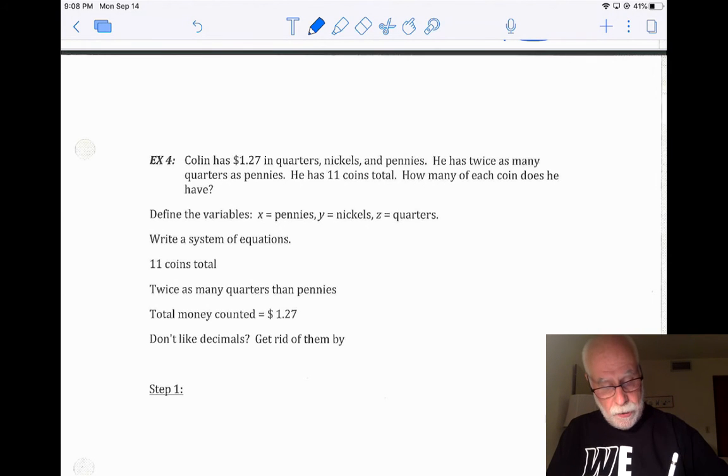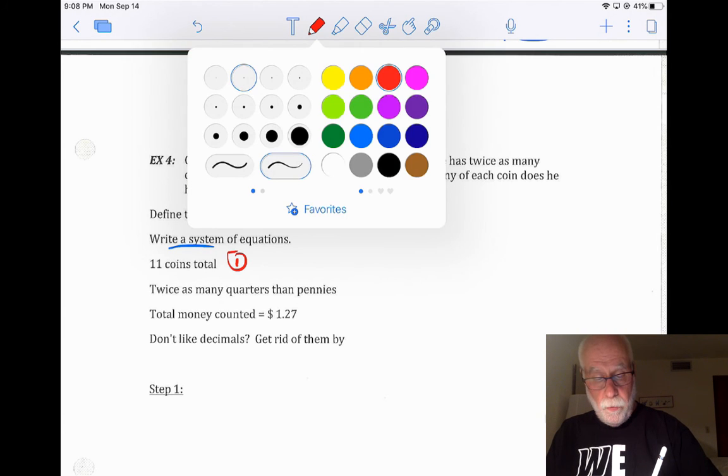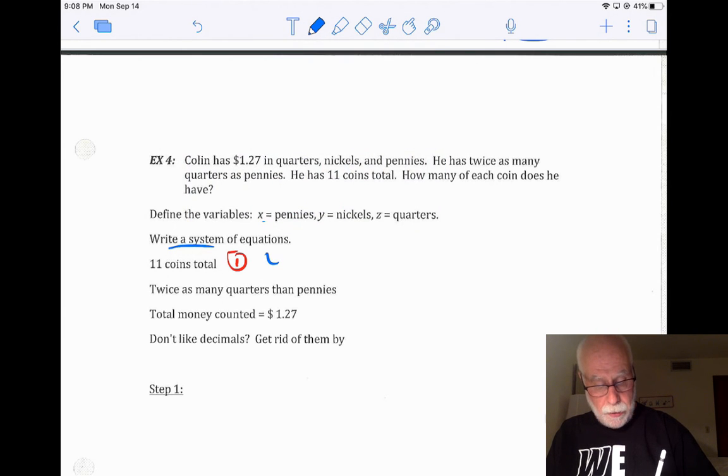All right, and then we need to write a system of equations. So again, we have 3 equations. We should have 3 unknowns. So on our first one here, you know that you have 11 coins total. So we know that we're going to say x plus y plus z is equal to 11.